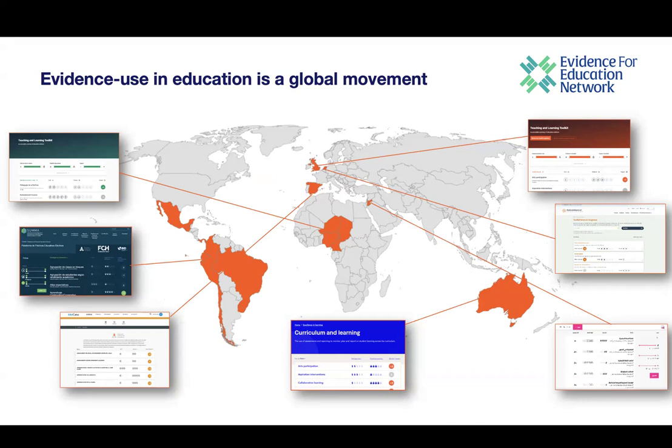And so we, in a network called the Evidence for Education Network, partner with organizations and share learnings around what does it mean to do this stuff in a way that is context specific. So each organization has a very different theory of change, but you all draw from similar principles of wanting to create a good evidence base, summarize it, and then consider how to mobilize evidence appropriately in our context.